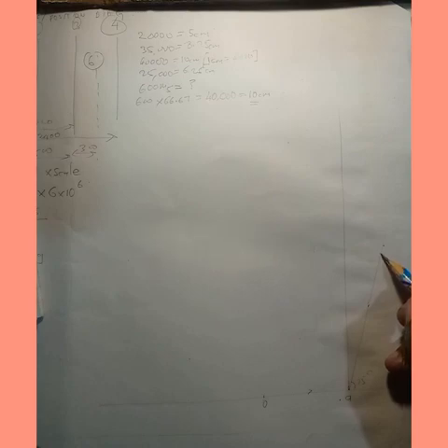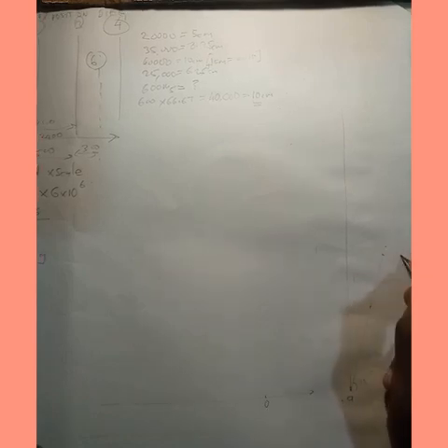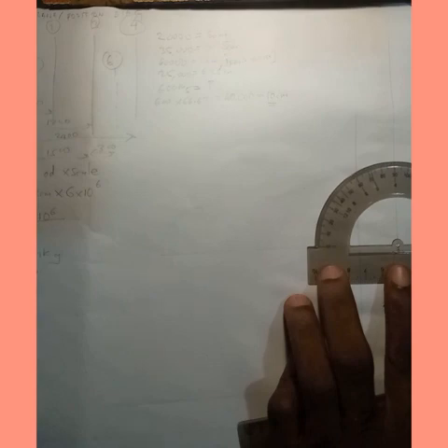Then the next one, we are now going to have mass 3 at an angle of 135 degrees. It means from this point, we are going to measure 135 degrees. So you draw a horizontal line, you draw a vertical line, and then use your protractor to measure. After drawing the horizontal and vertical lines, take your protractor and then measure 135 degrees.